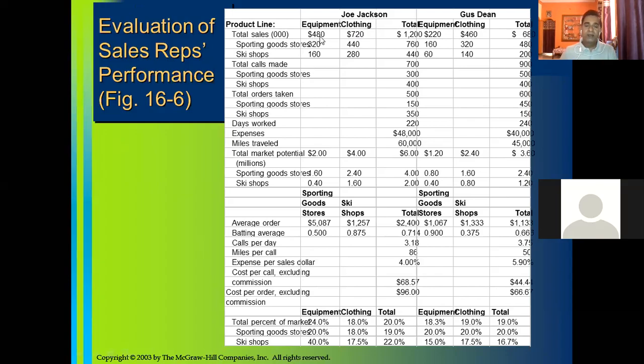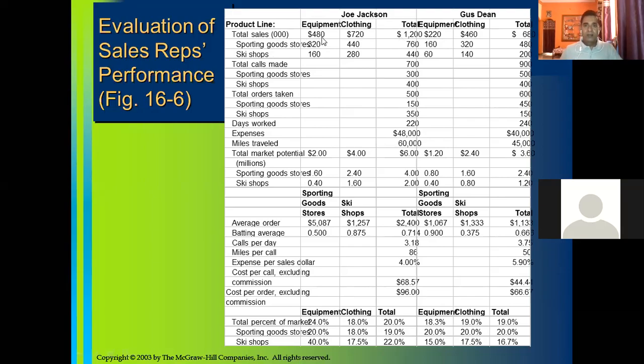Equipment, meaning skis and ski accessories, he has sold worth $480,000, and clothing worth $720,000. Put together, a total of $1.2 million worth of merchandise he has sold in a given period of time.